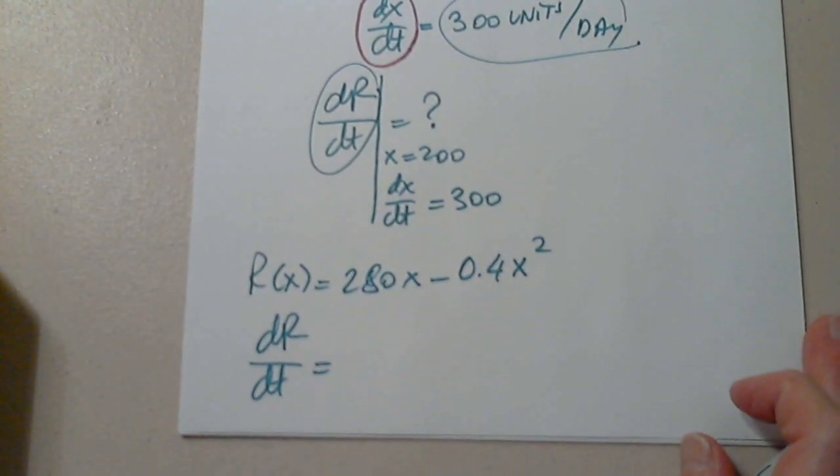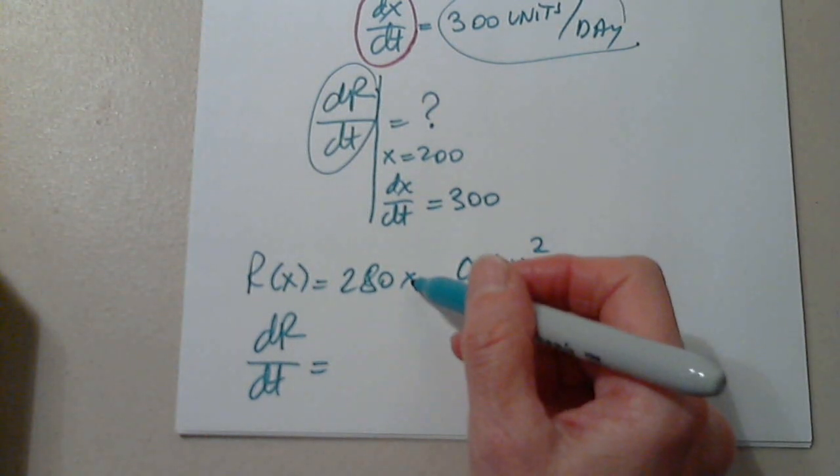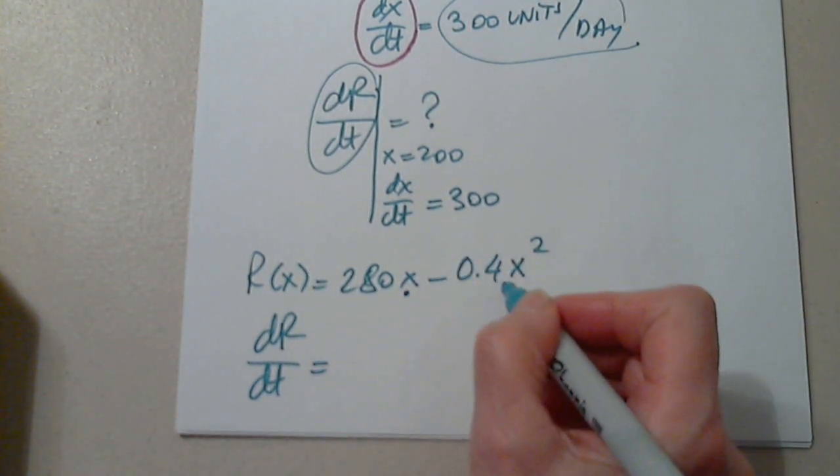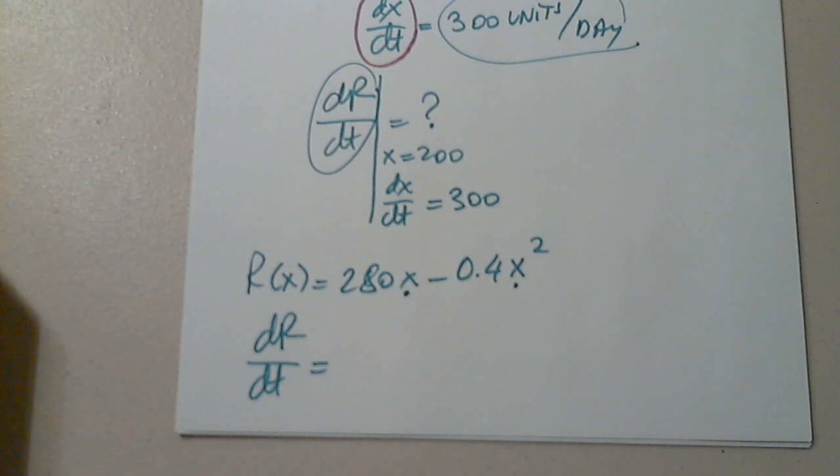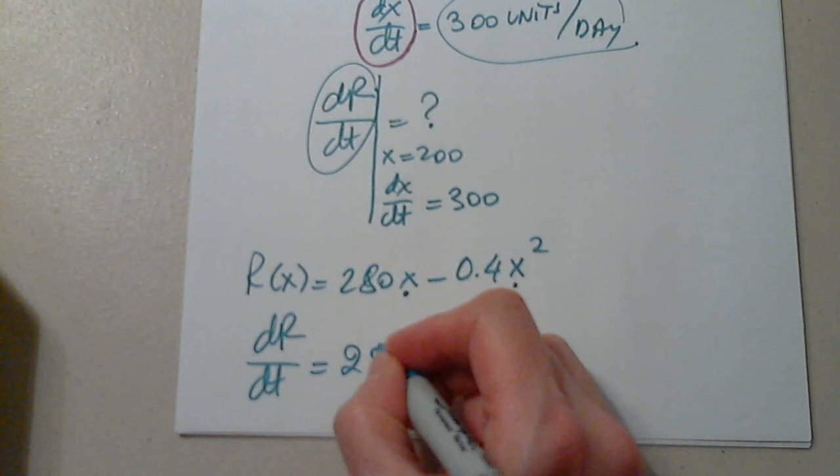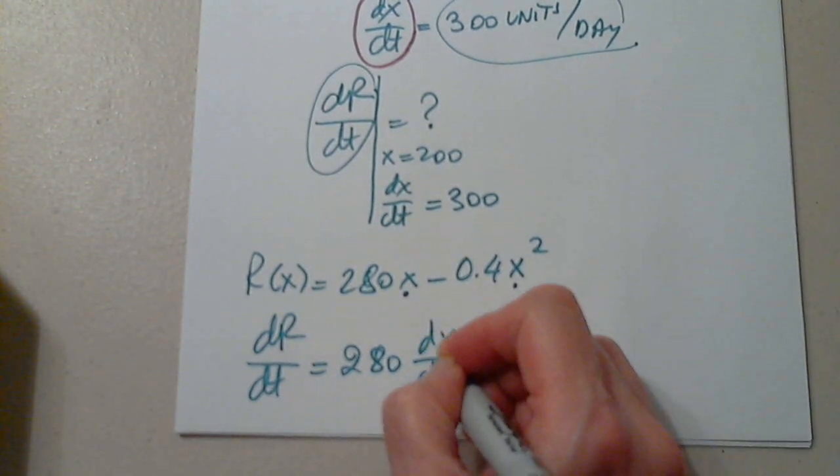Can anyone differentiate 280x, keeping in mind the dots? Would it be 280 dr over dt? You mean dx over dt.